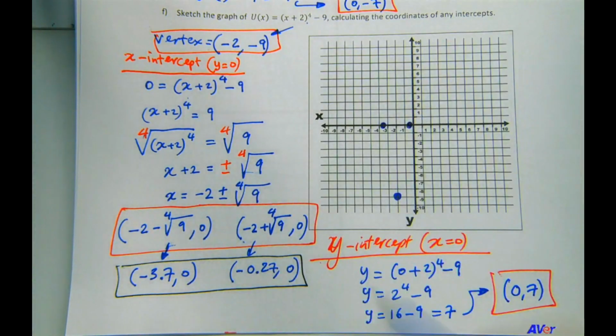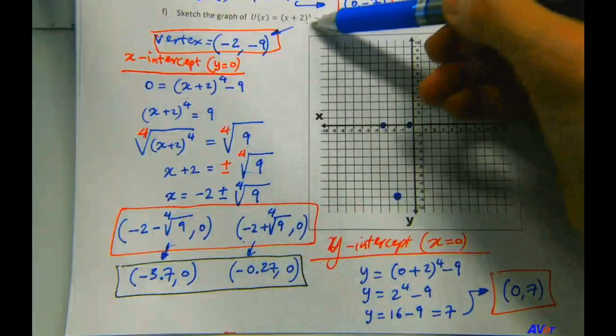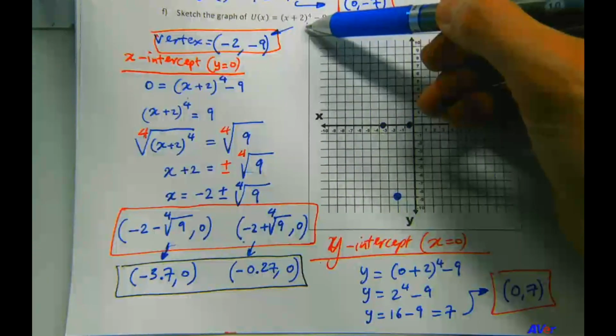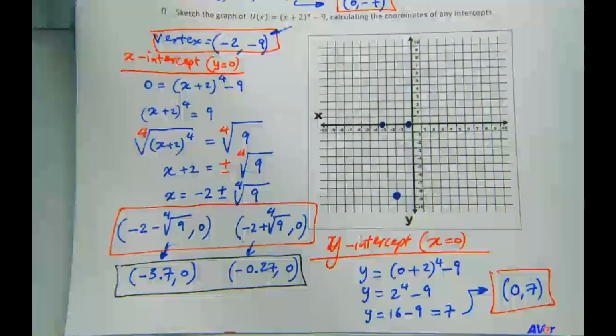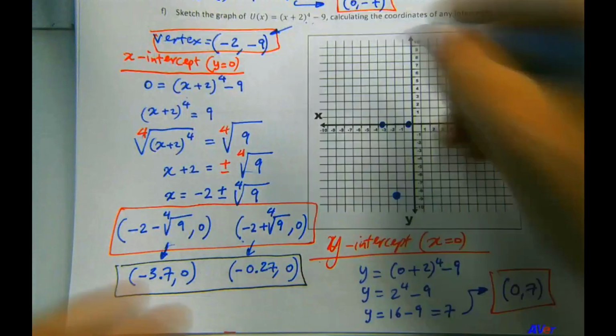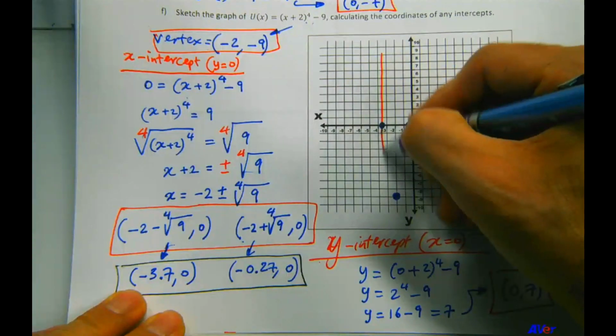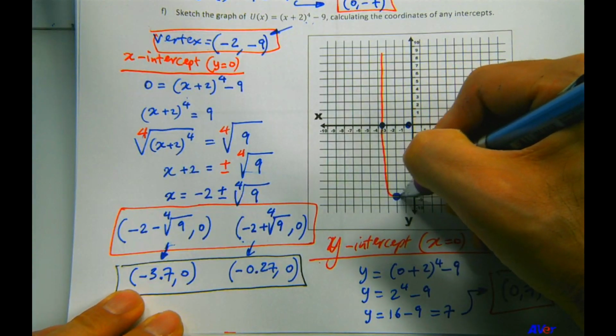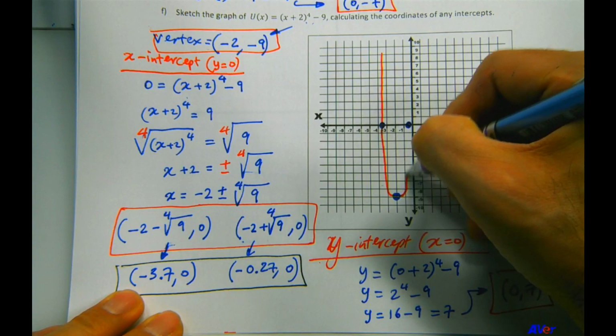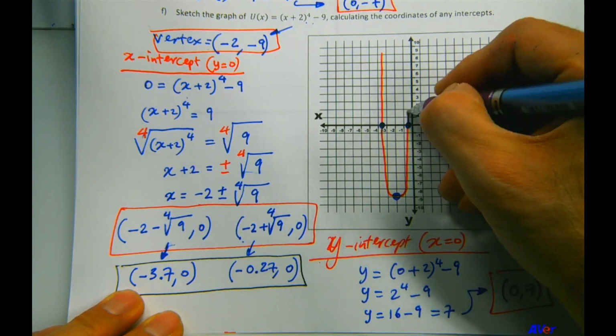And because this is to the fourth power, remember this is to the fourth power up here, when I get to the bottom, I'm going to flatten my curve to show that. So this is coming down here, going through that, and I'm going to flatten like that before coming up and going like that.